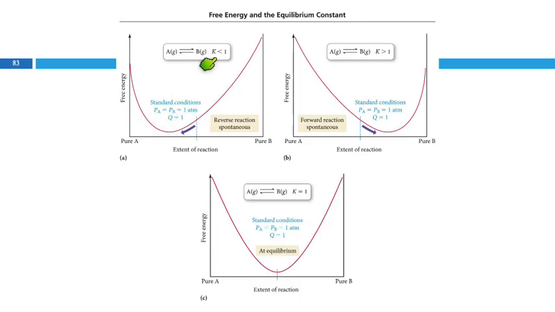And if Q is less than 1, K is less than 1, then this reaction is going to proceed until Q becomes equal to K. So this has to get smaller, we get the reverse reaction. If K is larger than 1, from standard conditions where Q equals 1, the forward reaction will be positive. At equilibrium, with standard conditions, Q is equal to 1, and the reaction's not going to go in either direction.